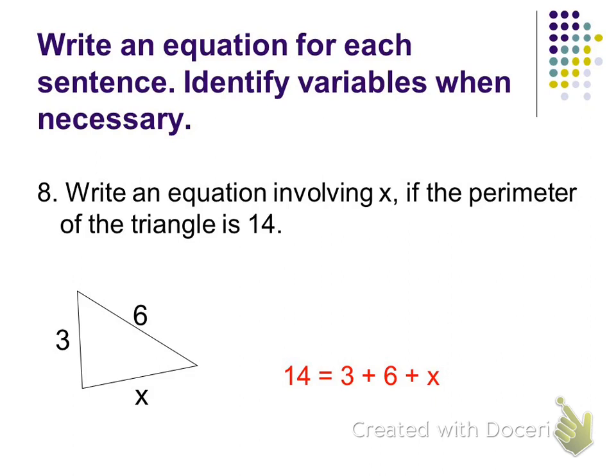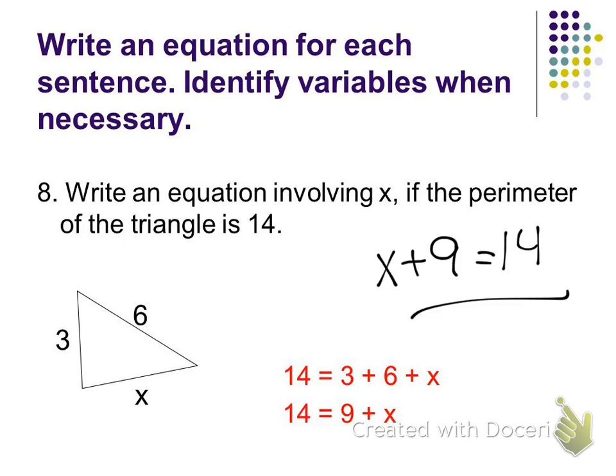If you want to rewrite it the other way, the 3 plus 6 plus x then equals 14, that's fine. It's the same thing. Now we have like terms here, so you can go ahead and add them. 3 plus 6 is 9, and that equals x. Or again, if you want to write it x plus 9 equals 14, that is more than acceptable as well.